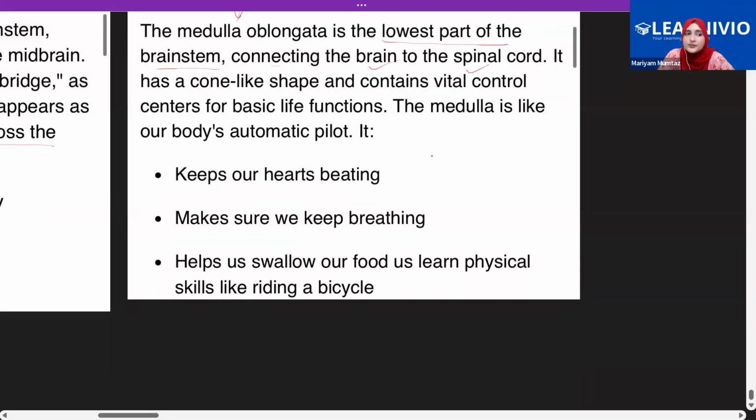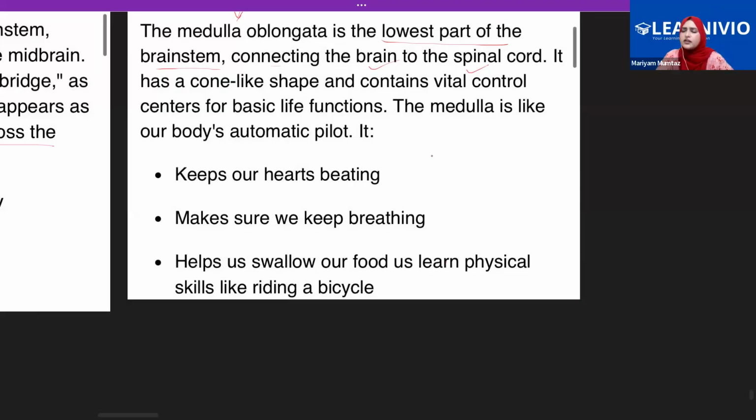It keeps our heart beating for all our life. It makes sure that we keep on breathing no matter what happens. Whenever we go to sleep, it's not that as we fall asleep, we stop breathing. It helps us swallow food, then learn physical skills like riding a bicycle, playing an instrument. All of that is because of the medulla oblongata.